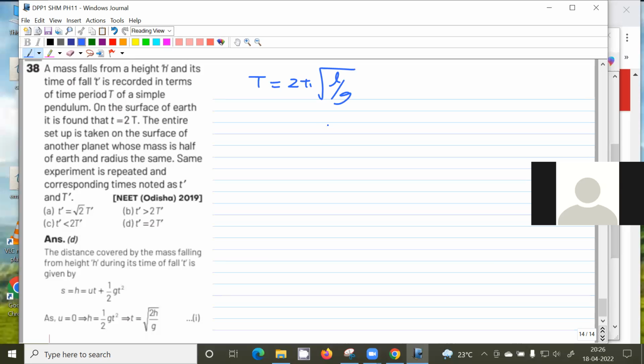Is this formula correct? Yes, sir. Simple pendulum. Right.